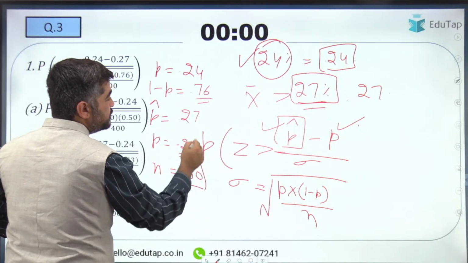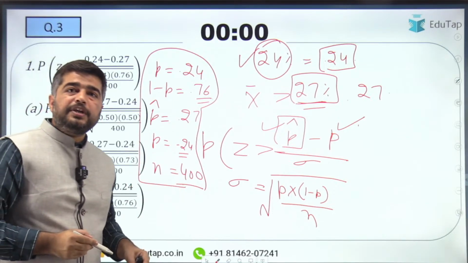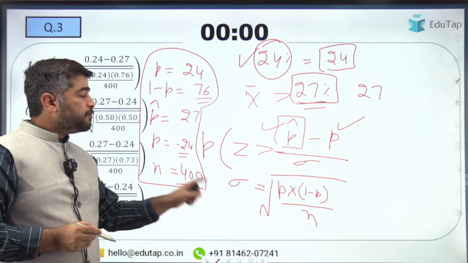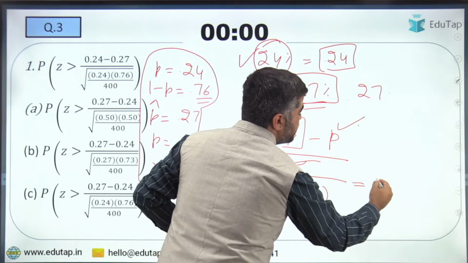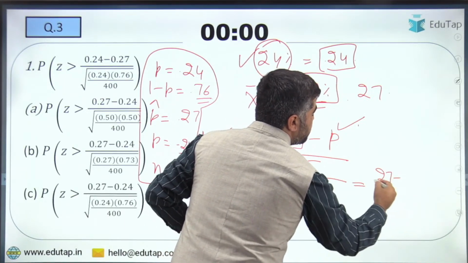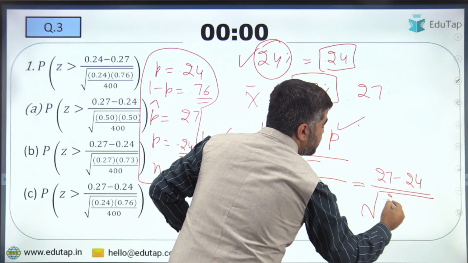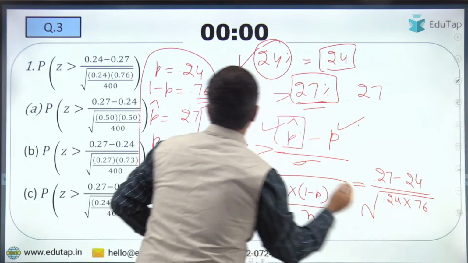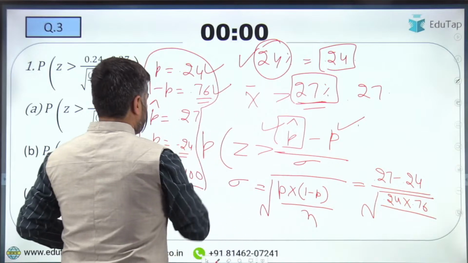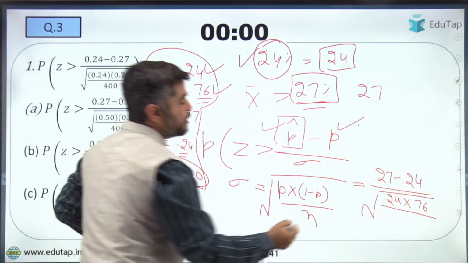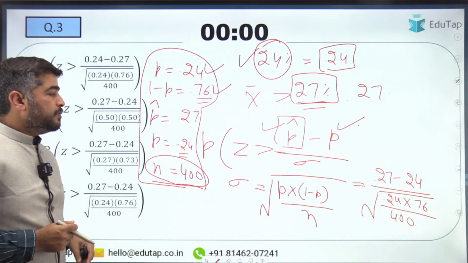We have to put all these values in the formula. The Z variant for proportion in this question will be equivalent to 0.27 minus 0.24 divided by the root of 0.24 into 0.76, that is p into 1 minus p, divided by the total number of samples, n equal to 400.